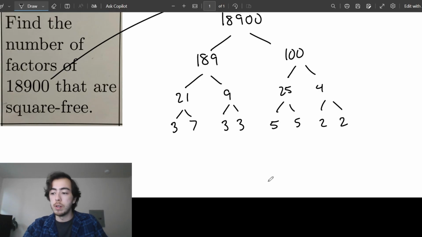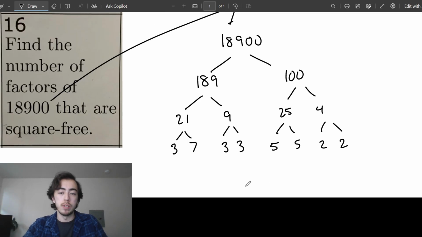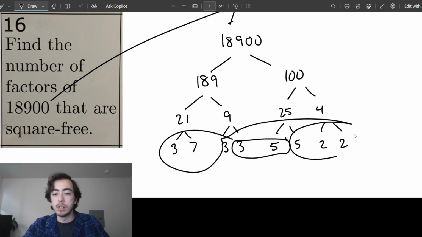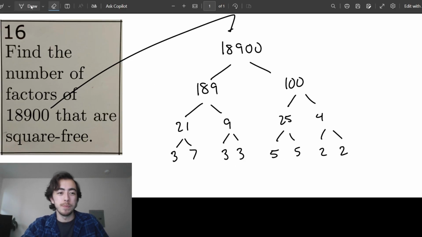Okay, so in finding the prime factorization of our big number, I can now create factors of this number. Essentially, a factor is just a number that multiplies to get to another one. So I could grab this 3 and this 5 and get 15, and I know that 15 times whatever the other ones are is going to get me to our target number.